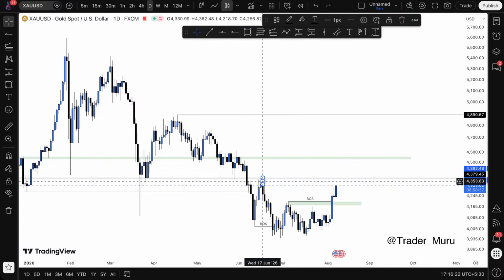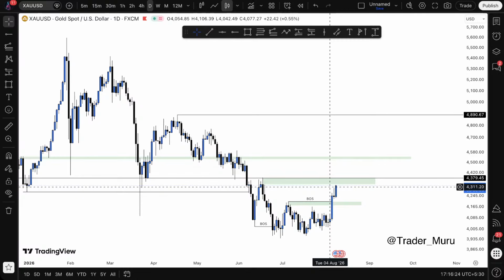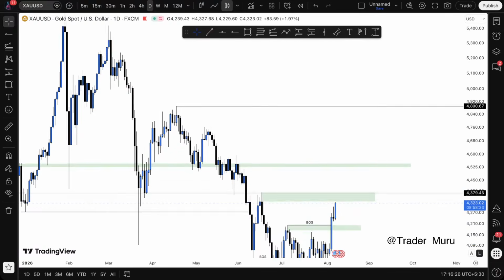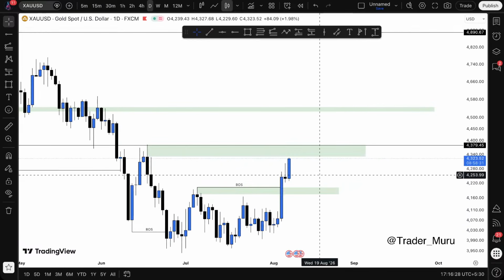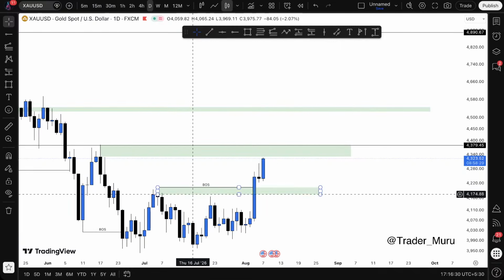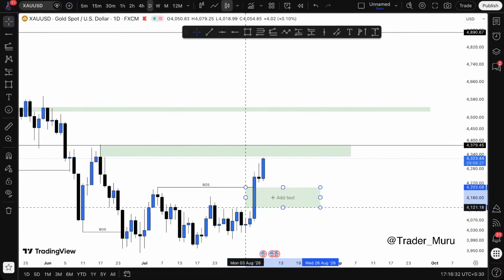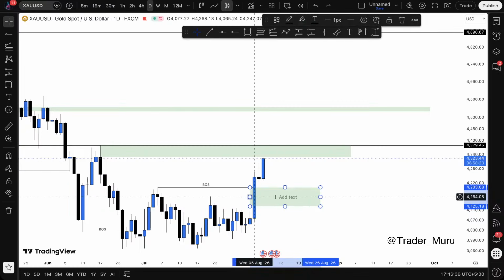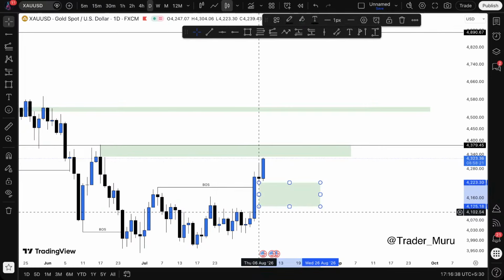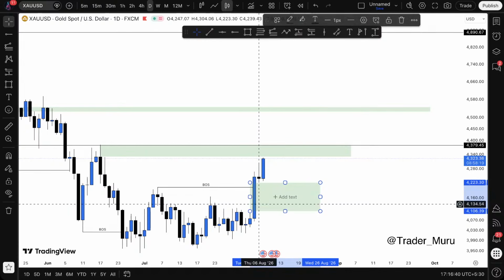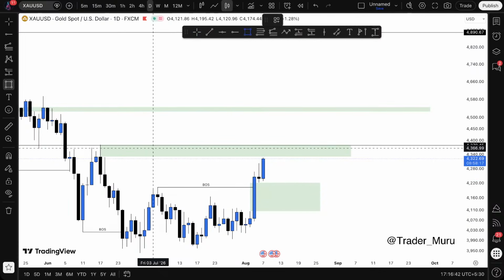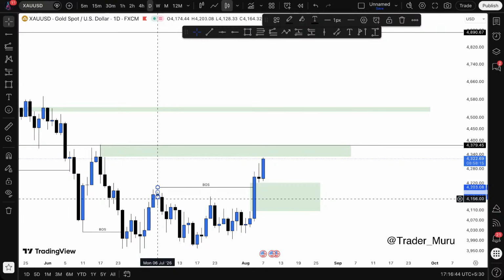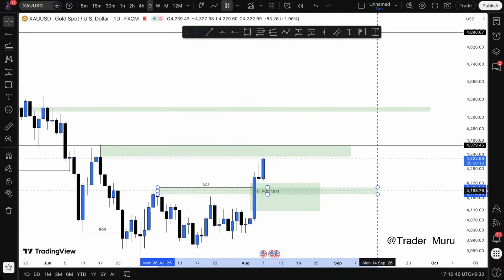For short confirmation, what we need here is a 4-hour time frame change of character on the bearish side. We have a daily time frame FVG here, this much big FVG, and this FVG is also aligned with a mitigation block.